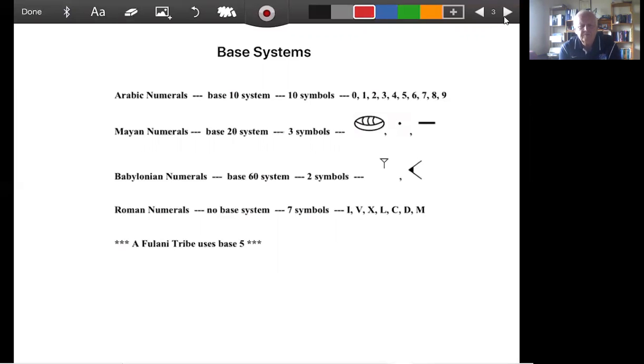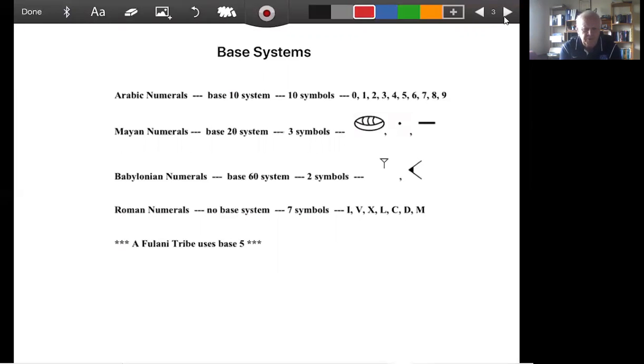The Babylonian number system is base 60. It only has 2 symbols. You can see them there. It's rather an interesting number system using base 60. There is no 0 in Babylonian numerals.